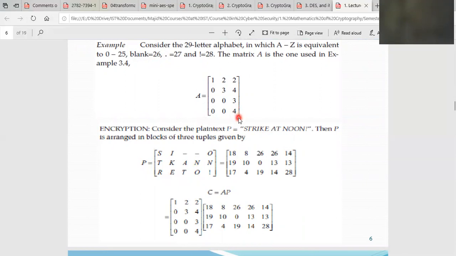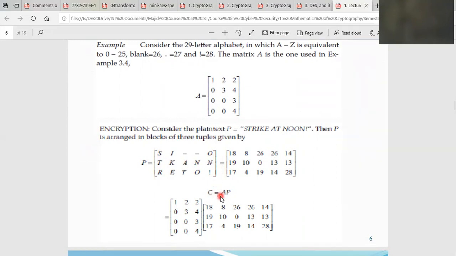The order of the matrix is 4 cross 3, so we have to place our matrix with 3 rows in order to make the multiplication compatible. So we place this plain text in a 3 cross 5 column matrix.